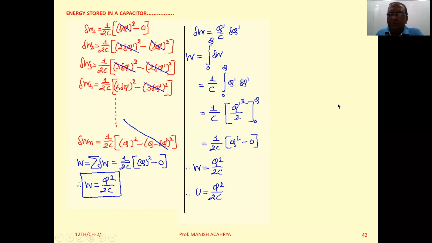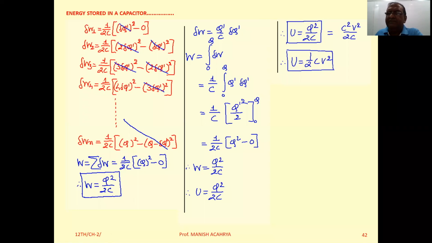Now the energy stored in the capacitor U is Q square by 2C. But Q is equal to CV. So we can write C square V square by 2C. Here one C is cancelled. So the equation of the energy stored in the capacitor is half CV square.